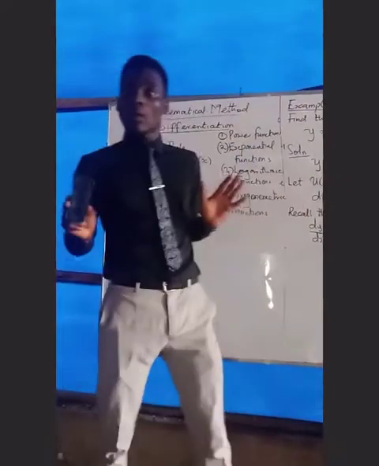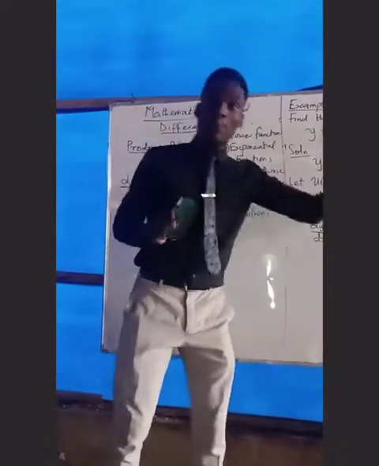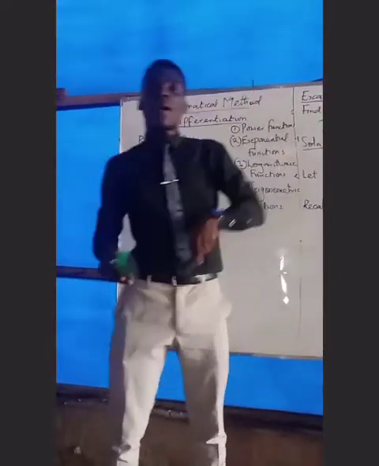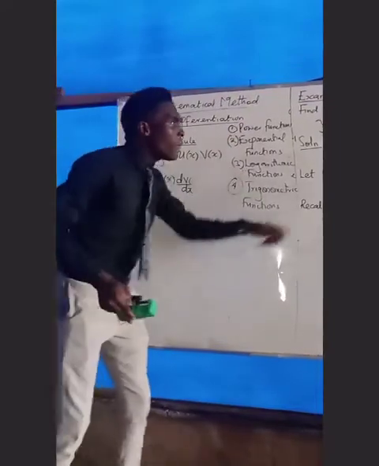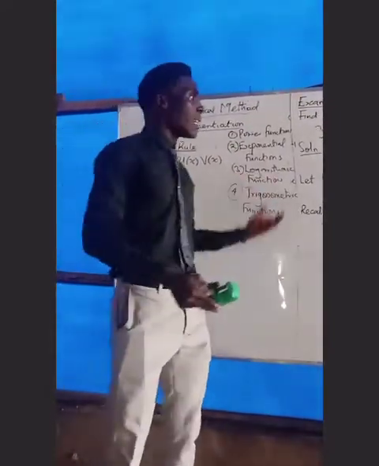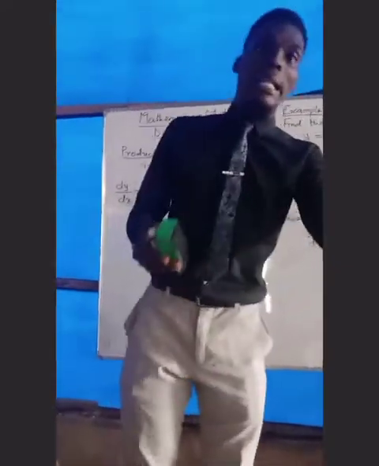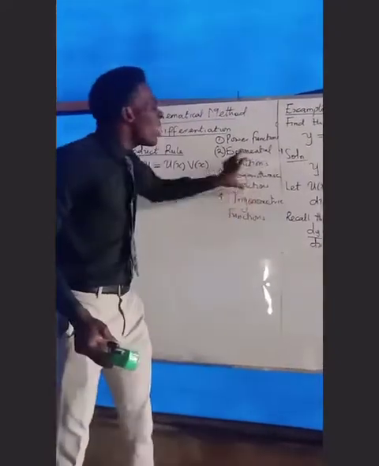It does not change. Take note, it's always with respect to a variable: we can call it x, we can call it t, depending on the independent variable given in the question. For the logarithmic function, I also explained that: logarithmic functions are the ones where you see log.